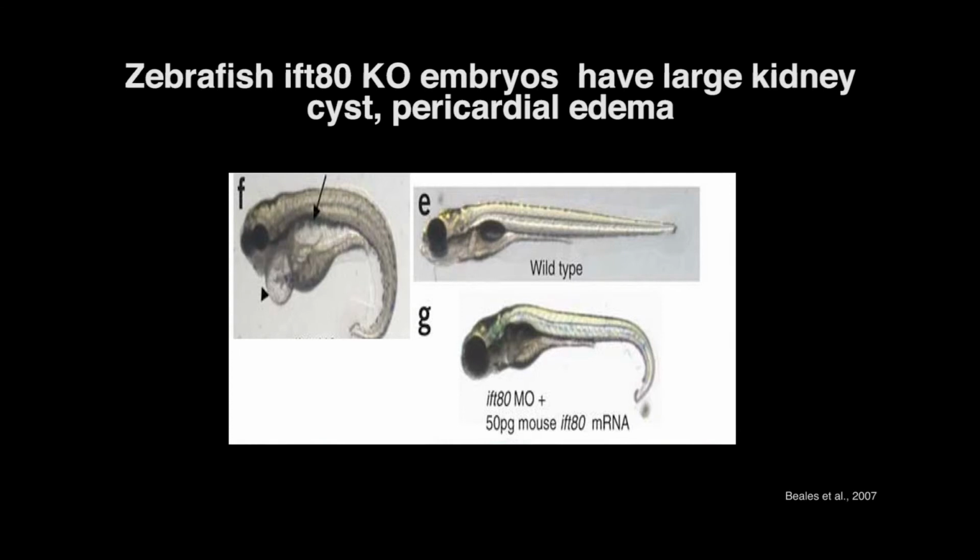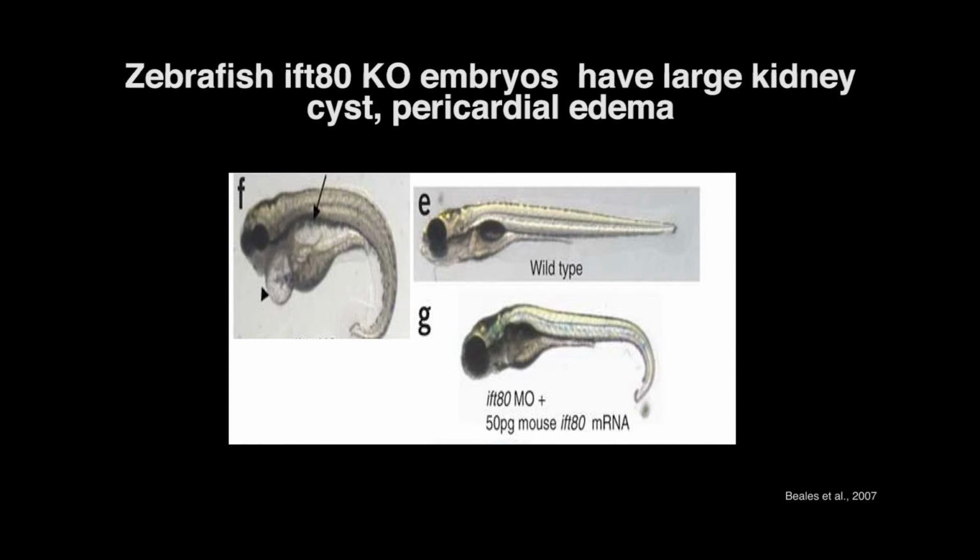Zebrafish is used as a model as it's inexpensive, it's small enough to be managed easily, and most importantly, fish embryo development is similar to other species, so it provides a basis for comparative embryological studies. E shows a wild-type normal zebrafish embryo.